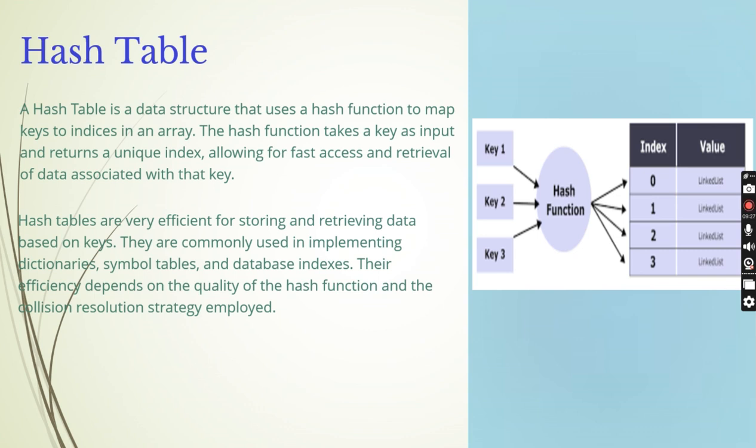Hash tables are also very efficient for storing and retrieving data based on keys. They are commonly implemented as dictionaries, symbol tables, and database indexes. Their efficiency depends on the quality of the hash function and the collision resolution strategy employed.